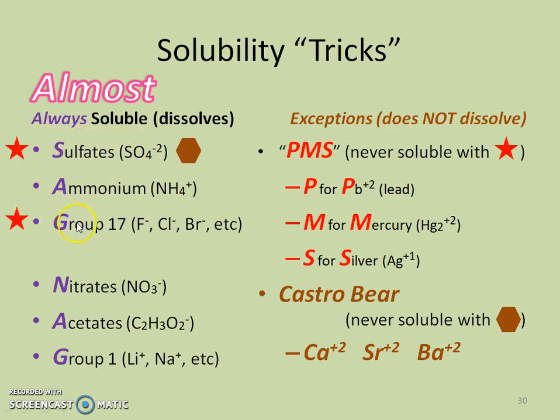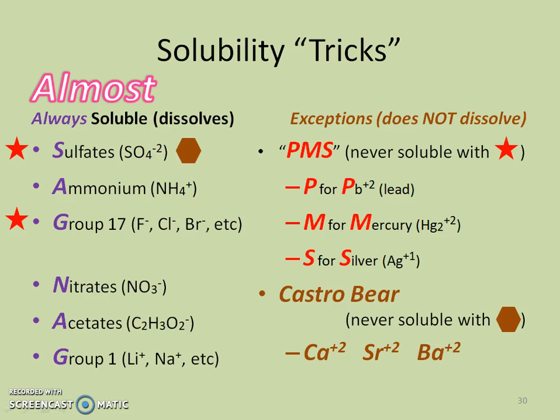Almost all group 17 are soluble, except if they are with the elements PMS: lead, mercury, silver. Also, sulfates are never soluble when they are with calcium, strontium, or barium. So in other words, if your product is calcium sulfate, it would not be soluble. That would be your precipitate.